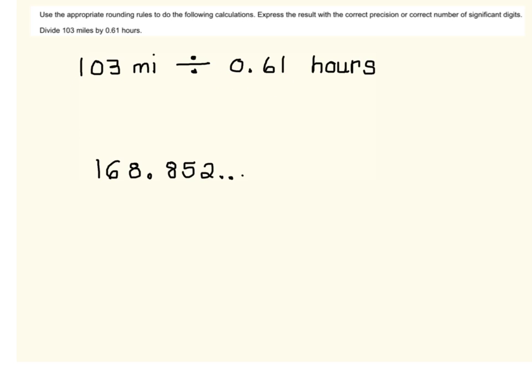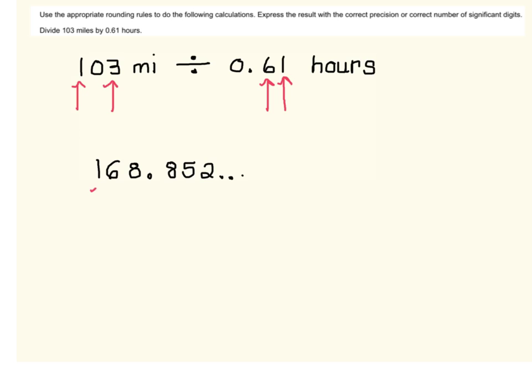Our first number, 103, had two significant digits, a 1 and a 3. And the second value also had two significant digits, a 6 and a 1. So between these two, we take the value that has the least number of significant digits. In this case, they have the same, two significant digits.